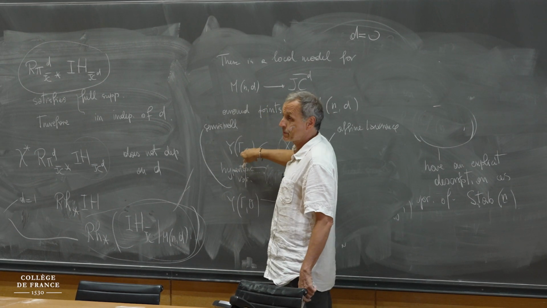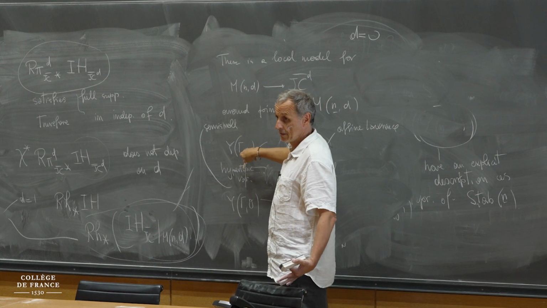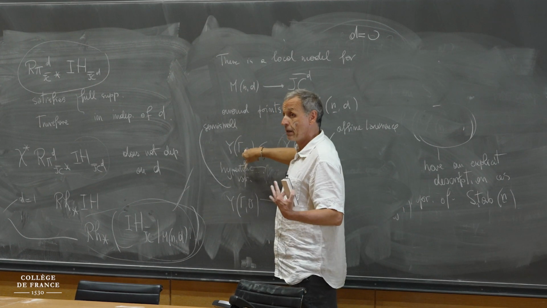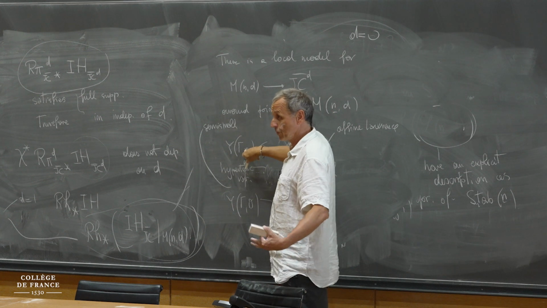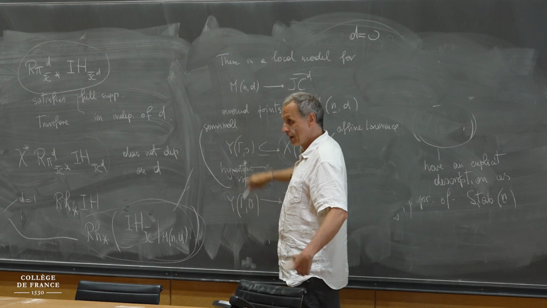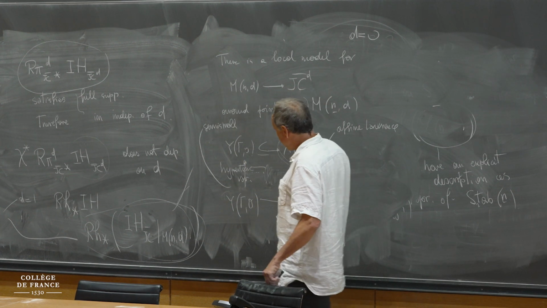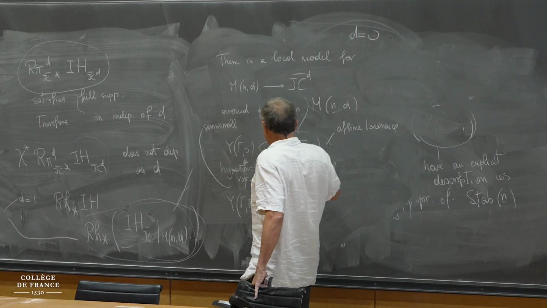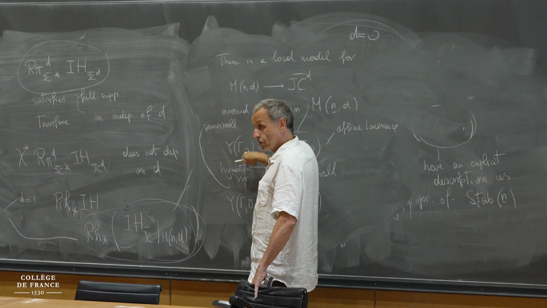And semi-small maps are really easy to understand. I mean, the decomposition theorem for semi-small maps is easy to understand. We know what the strata are. These are called the relevant strata. And in this case, we can really compute this intersection homology.